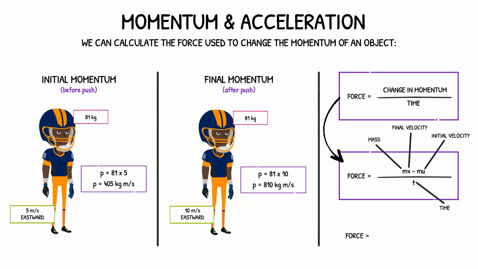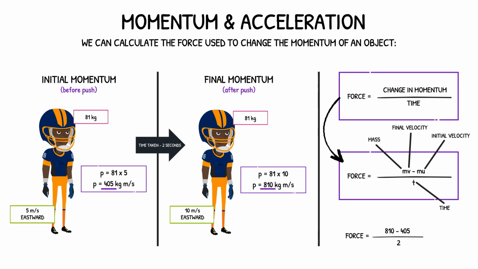So, his change in momentum is equal to his final momentum of 810 kilogram meters per second, minus his initial momentum of 405 kilogram meters per second. Then, we are going to divide this value by the time taken to change his velocity. Let's say this was 2 seconds.